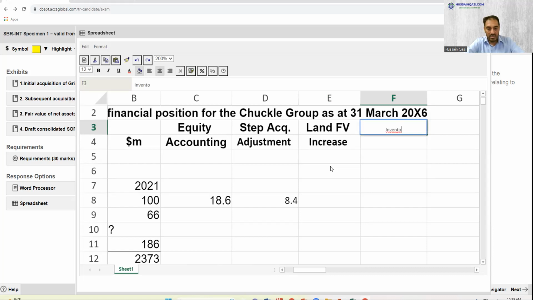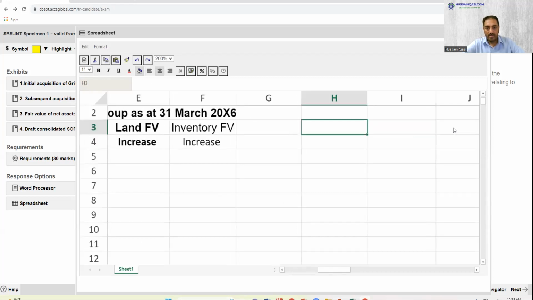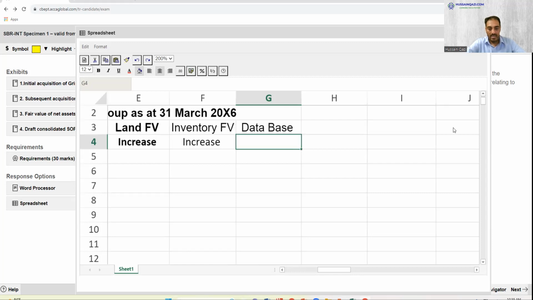Inventory fair value, that's increase. Database value increase, or no need to mention the term increase.